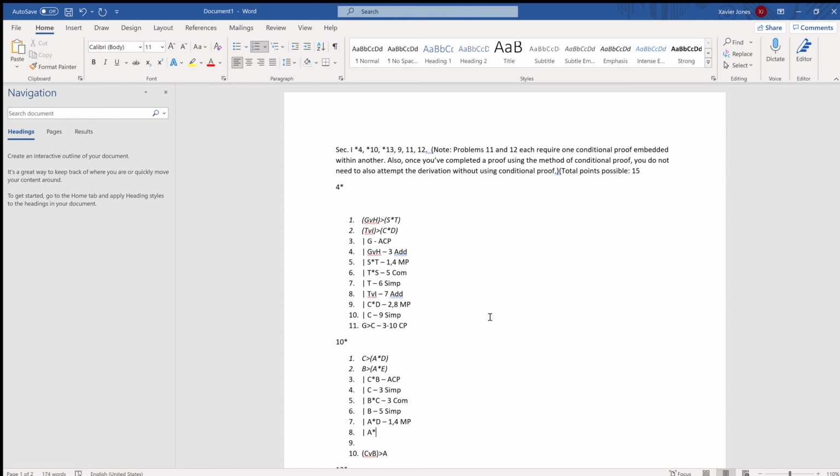Maybe we can give ourselves a setup, because if C or B, then A is our line, right? Maybe this can give us a setup to do something else. Like, can we do anything with this?